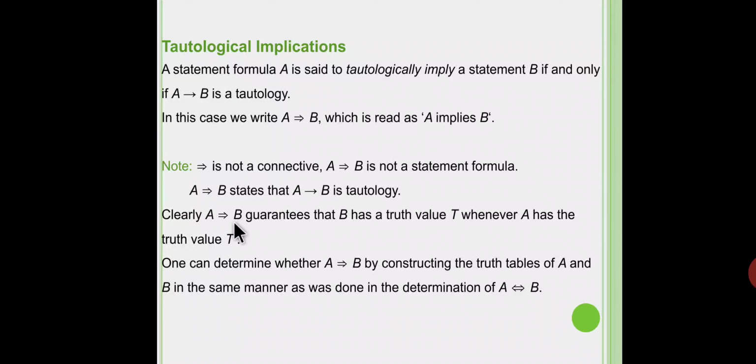So clearly A implies B guarantees that B has the truth value true whenever A has the truth value true. So one can determine whether A implies B by constructing the truth values of A and B in the same manner as was done in the determination of A implication B.